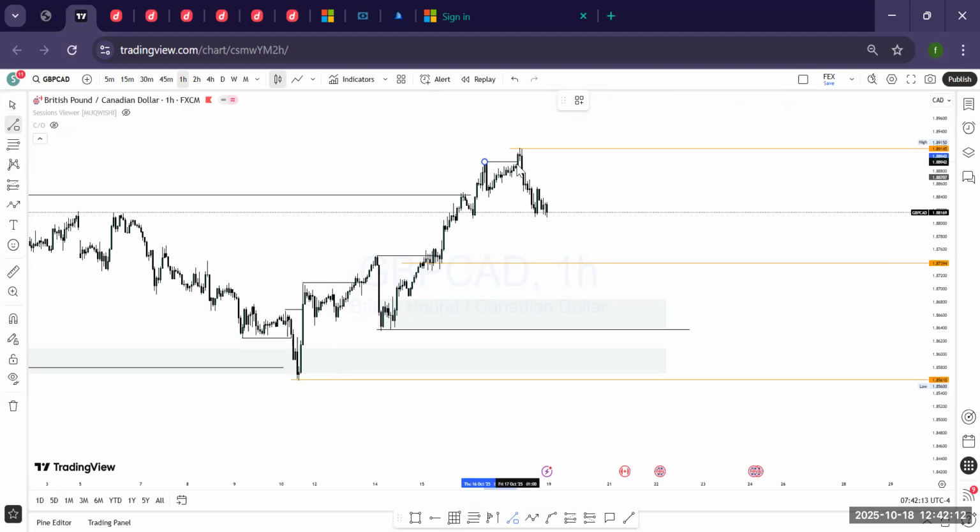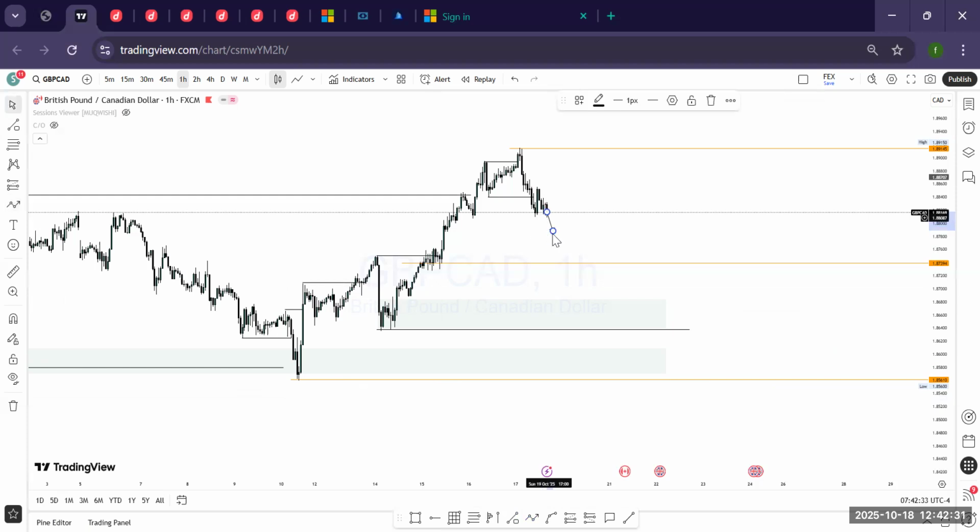Can you see now? On the 1 hour time frame, price has given us a market structure shift here, taking this low. If price breaks another structure further, it will give us a confirmed change of character.